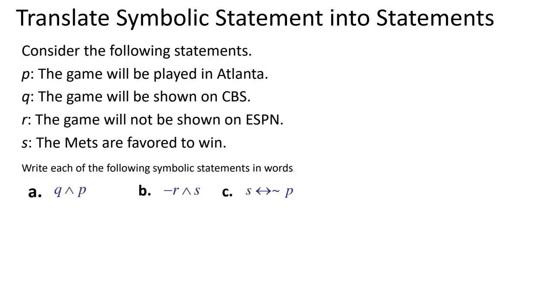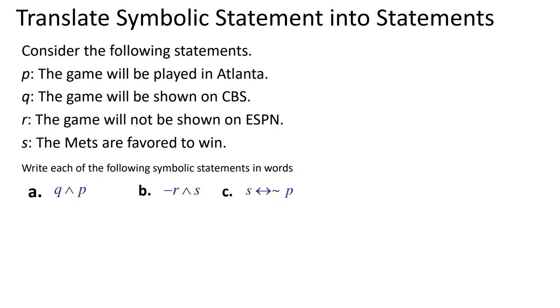And what we're going to do is write down each of the following symbolic statements in words. Often when you read the book, it would say write the statements in English, like write them in words. Use English, not mathematical notation. So A has Q, and that symbol, the triangle, is the and.